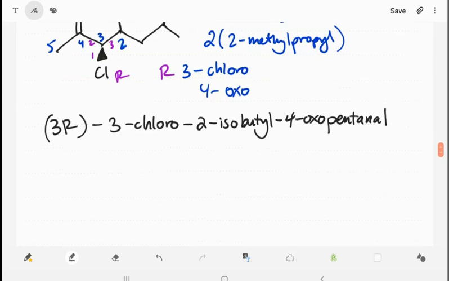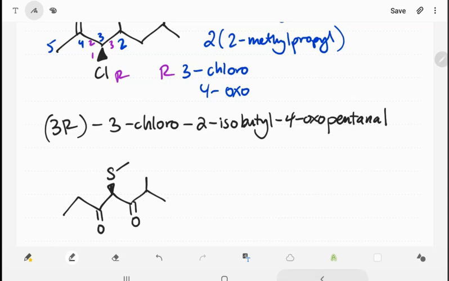So let's see. Let's do one that is, shall we give this one, how about our dear friend, the sulfur?